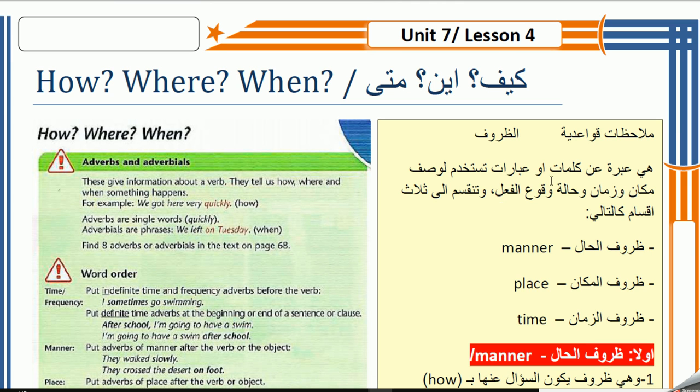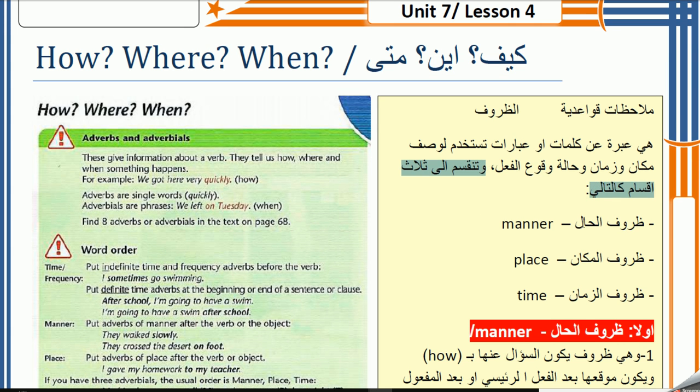The adverbs in general are words or phrases used to describe a place, time, or manner for the verb, divided into three parts. Number one, adverb of manner.